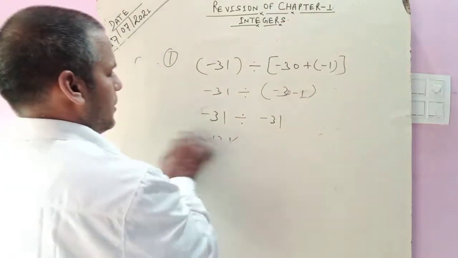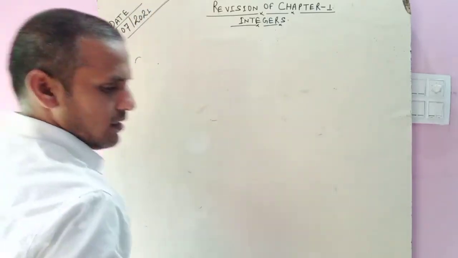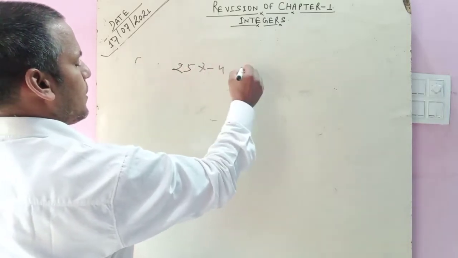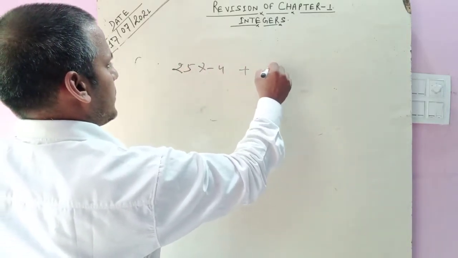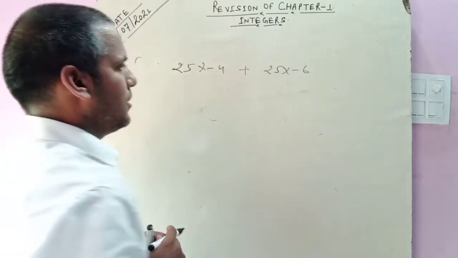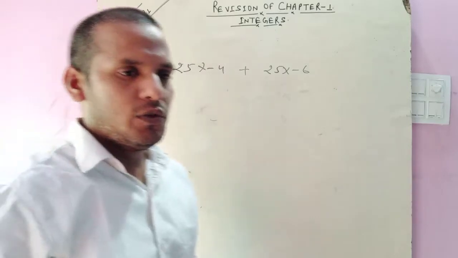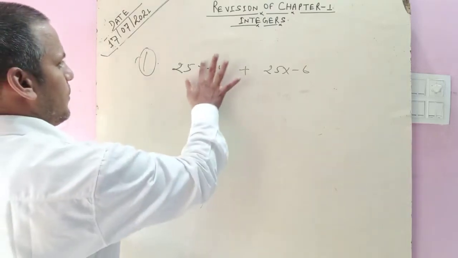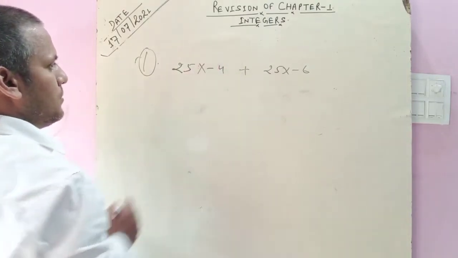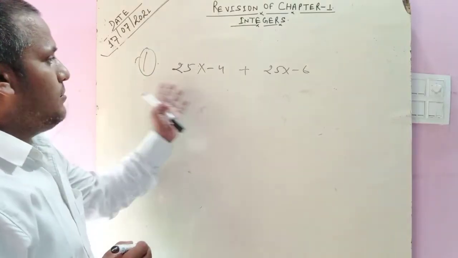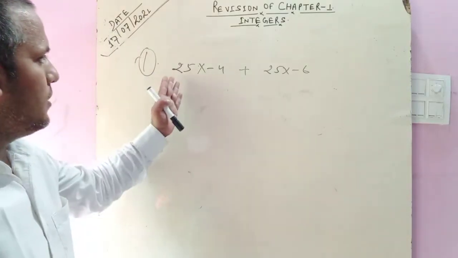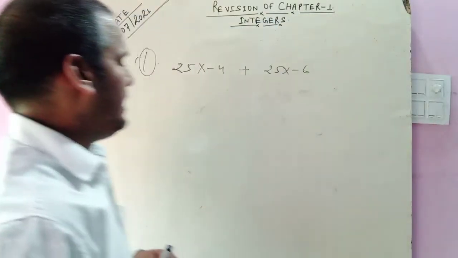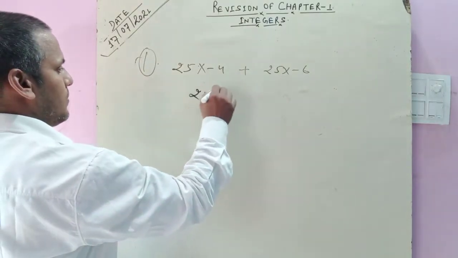If any question says use a property and then find the result, suppose 25 into minus 4 plus 25 into minus 6. The question says while using the properties, find its result. So in this equation, first we should find the common term. Here 25 is common, so we take 25 common.